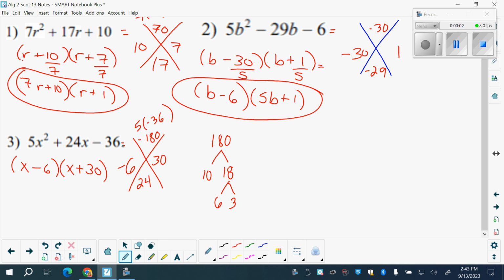What is it that we divide by? Yeah, good. 5. So remember that number comes from here. Coefficient. So 30 divided by 5 is 6. And then since it doesn't divide here, we slide it to the front of the x, and it's 5x minus 6.